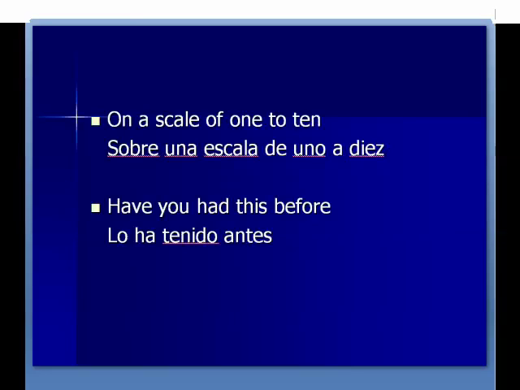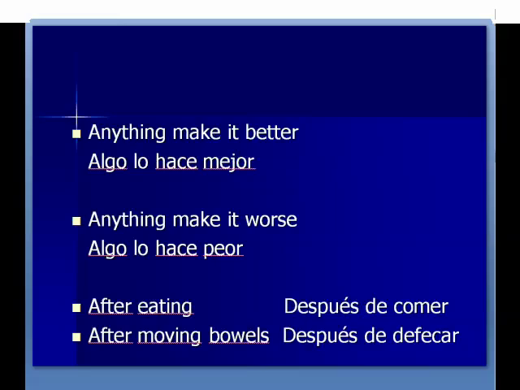Have you had this before? ¿Lo ha tenido antes? Anything make it better? ¿Algo lo hace mejor? Anything make it worse? ¿Algo lo hace peor?